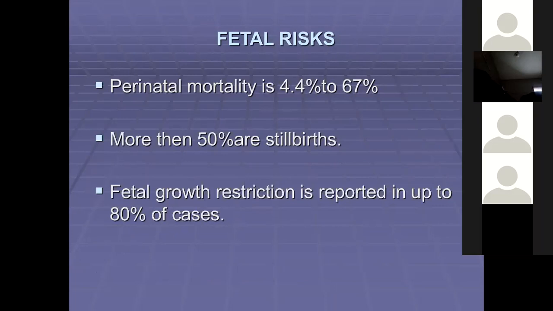Fetal growth restriction is reported in up to 80% of cases. So this condition is more deadly for the fetus, not for the mother, while placenta previa affects the mother more compared to the fetus.